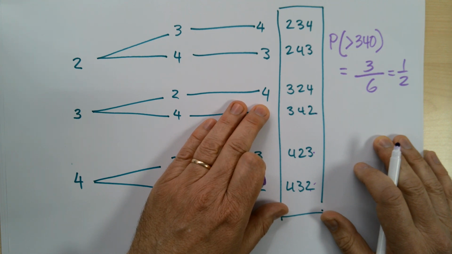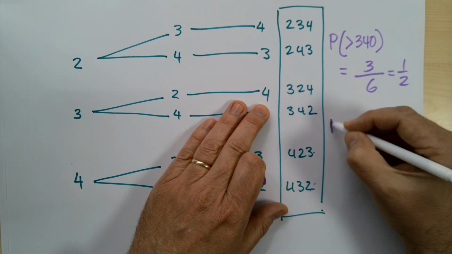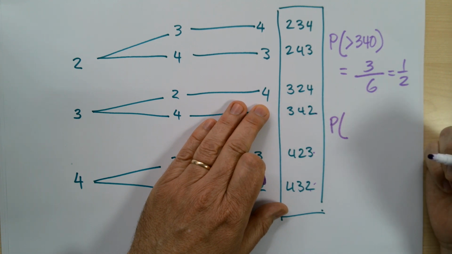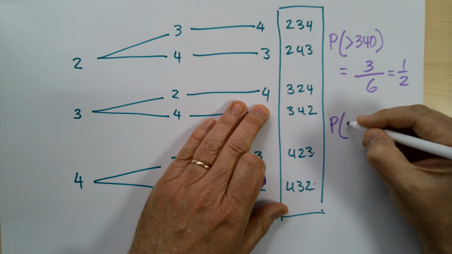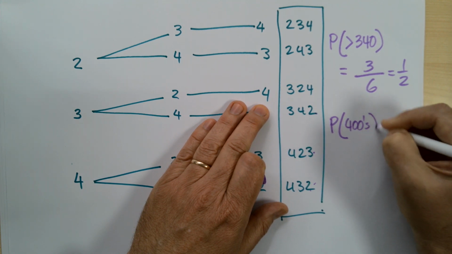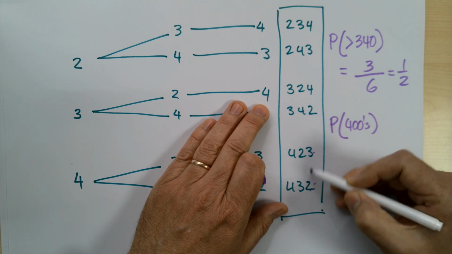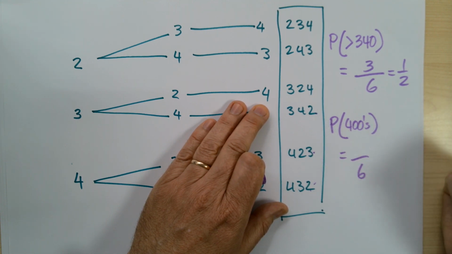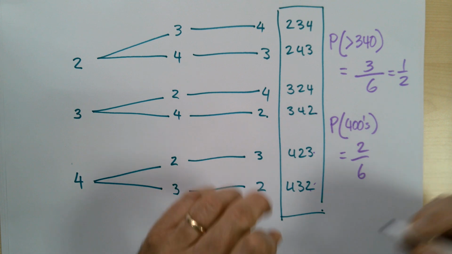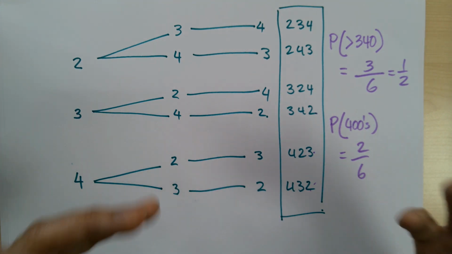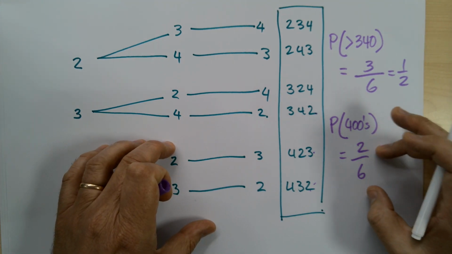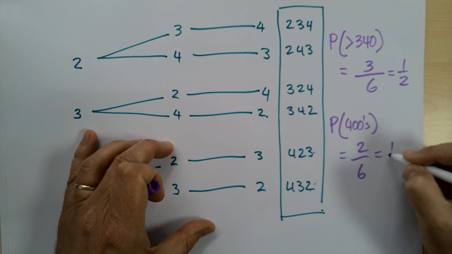What's the probability of getting something in the 400s? Well, there's only 2 of them. But again, it's over 6. 2 over 6. Again, if you're really not certain about this, the fraction thing, go to the fraction button on the calculator.